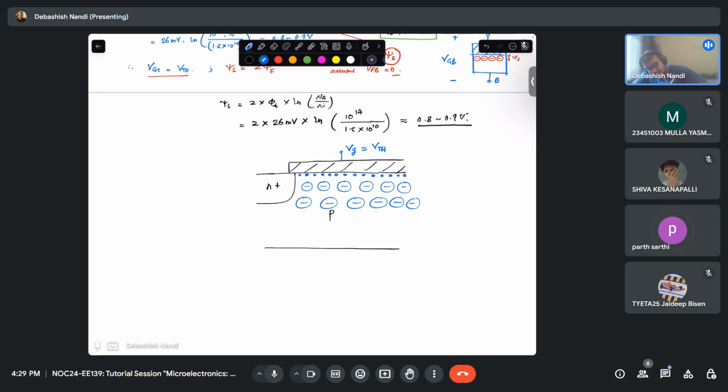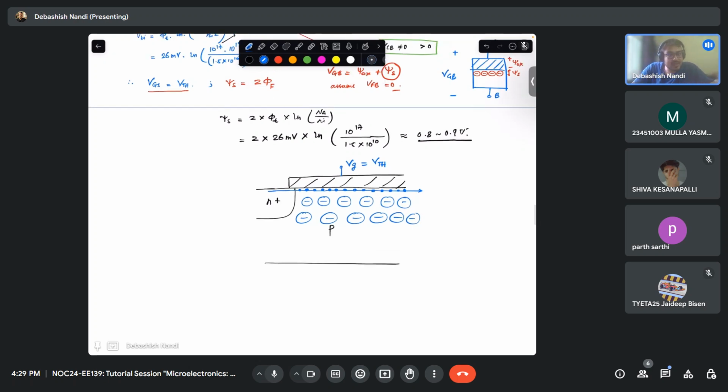So this becomes a continuum. In this way the channel is also forming, exactly like that. Now, why did I discuss this much? Because the critical difference between the previous discussion and now is that your VCB is not zero anymore, right?